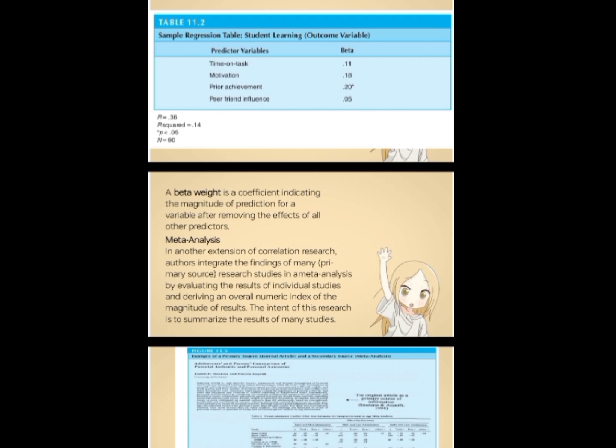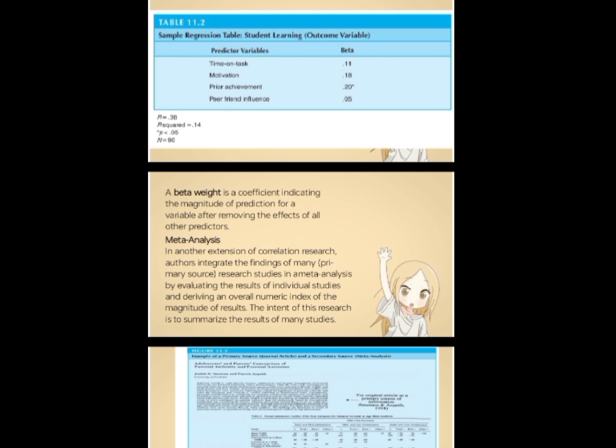Recall that R squared, called the coefficient of determination, represents the proportion of variability explained by the independent variables in the dependent variable. In reporting results, correlational researchers should indicate not only the statistical significance of the test but also the effect size, the R squared.